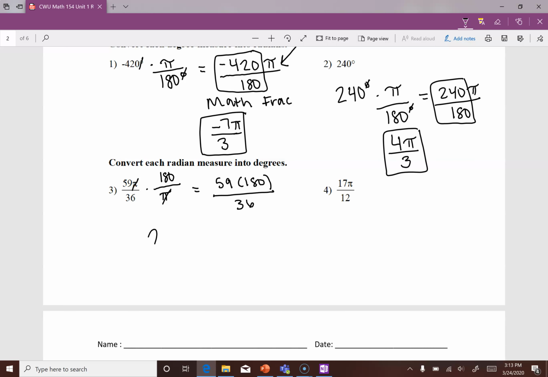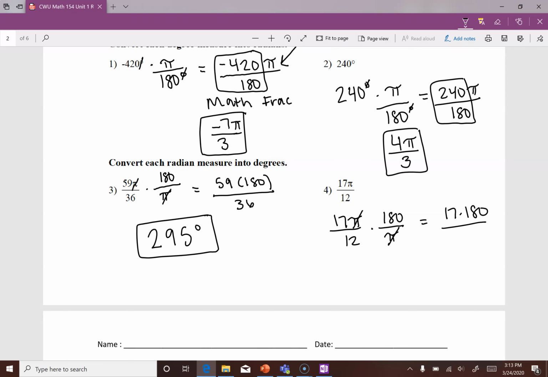That gives me 295 degrees. All right, next here, 17 pi over 12. I'm going to multiply that by 180 over pi. I know my pi's cancel, and this is going to give me 17 times 180 divided by 12. Let's go ahead and do that.